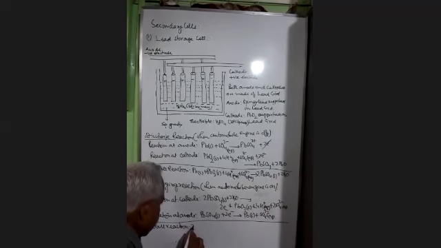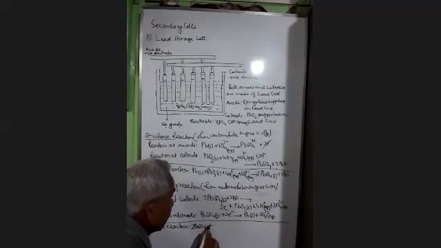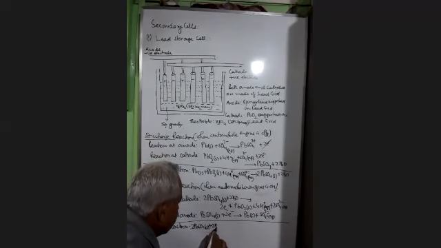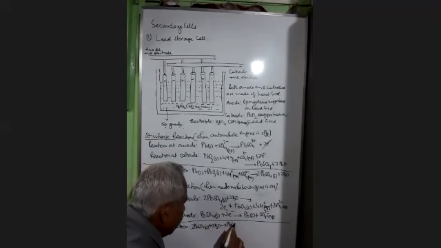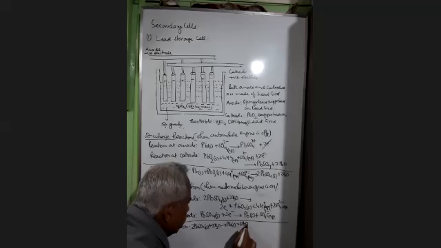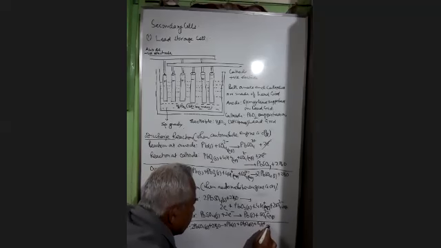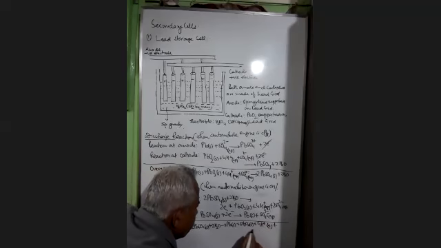So it will be 2PbSO4 solid plus 2H2O will give you Pb solid, PbO2 solid, 4H plus aqueous plus 2SO4 2 minus aqueous. Take care for your entrance exam.